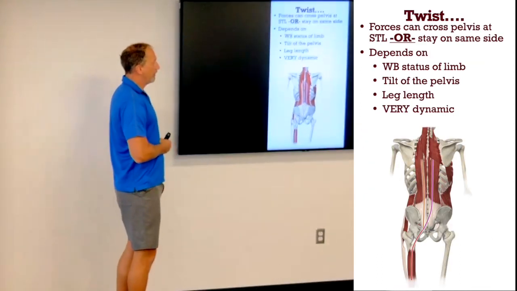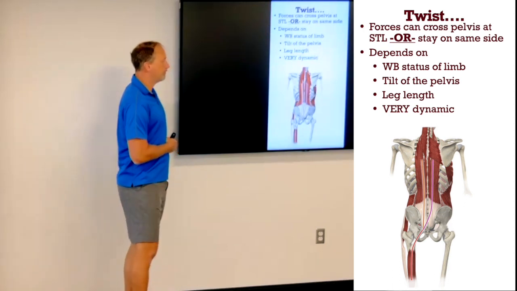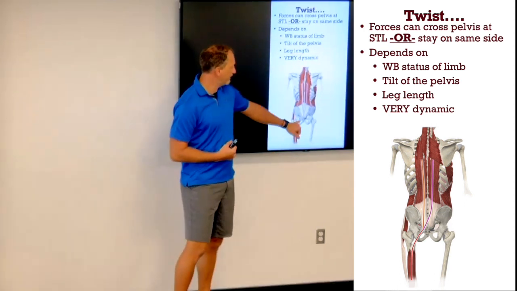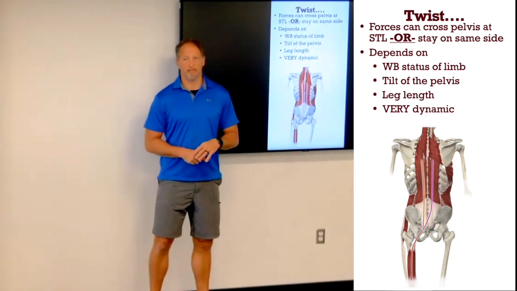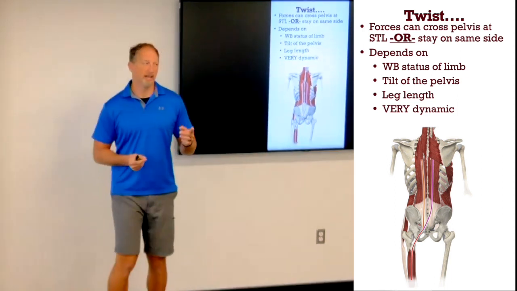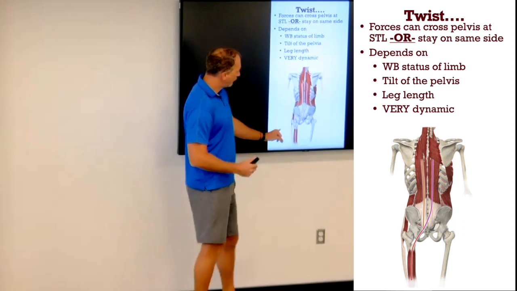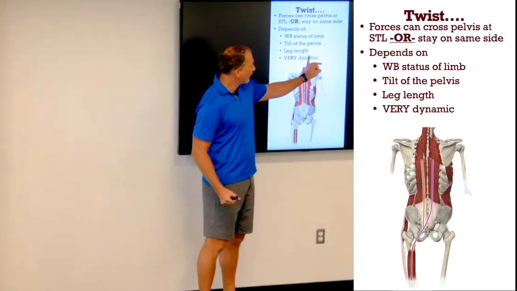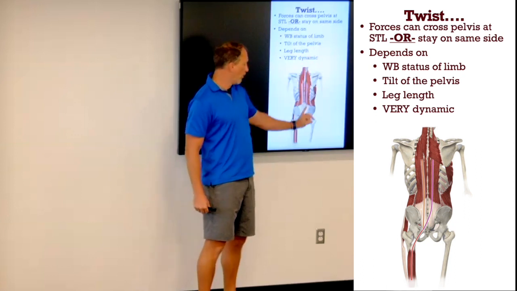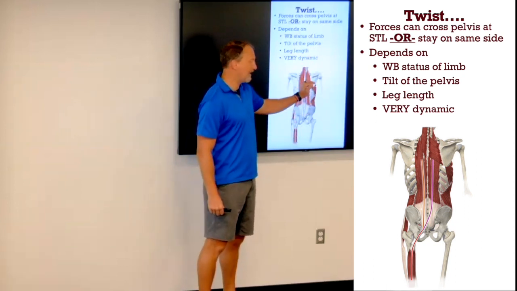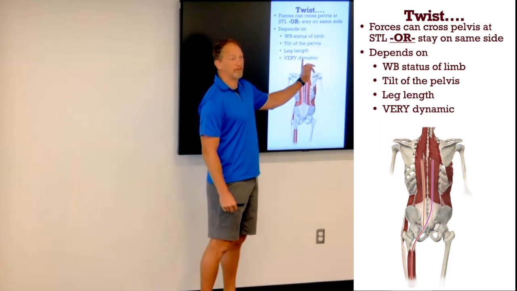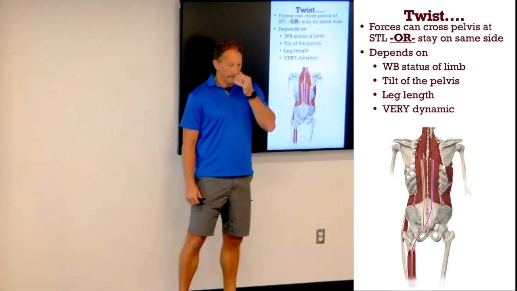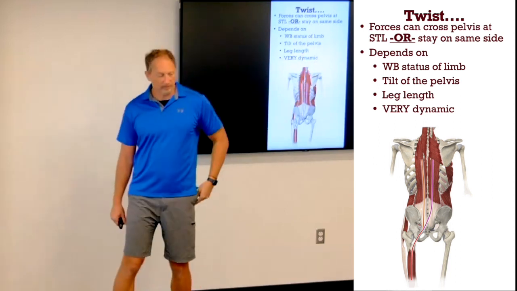I mentioned this last time, we do have a little bit of a twist. It's like a choose your own adventure story once we get to the sacrum. Depending on multiple factors, forces can either cross over midline for the fourth and final time and go up to the occiput on the other side, or forces can stay on the same side, not cross midline, and go up the erectors on the same side.